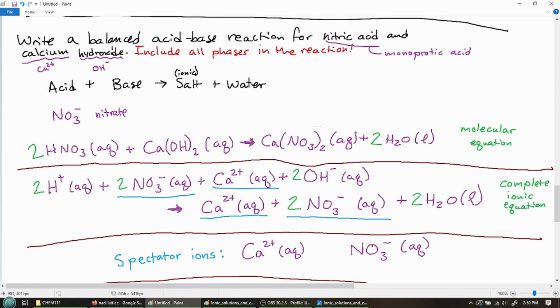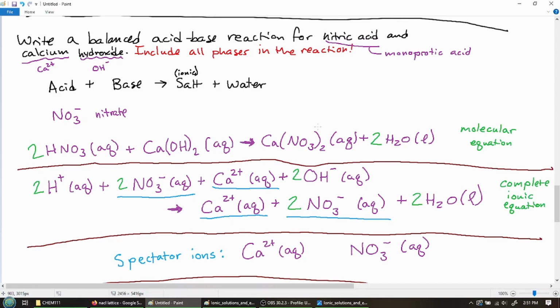But every time one calcium hydroxide dissociates, it produces 2 hydroxides. And the poor old nitric acid can't keep up on its own. One single nitric acid only produces a single H+. So we need twice as much nitric acid as calcium hydroxide in order to neutralize them.